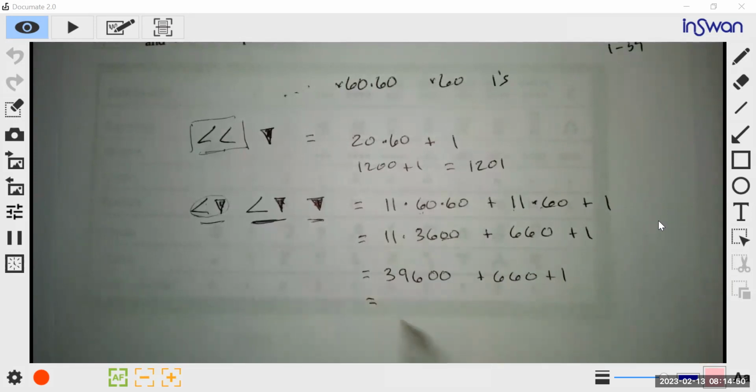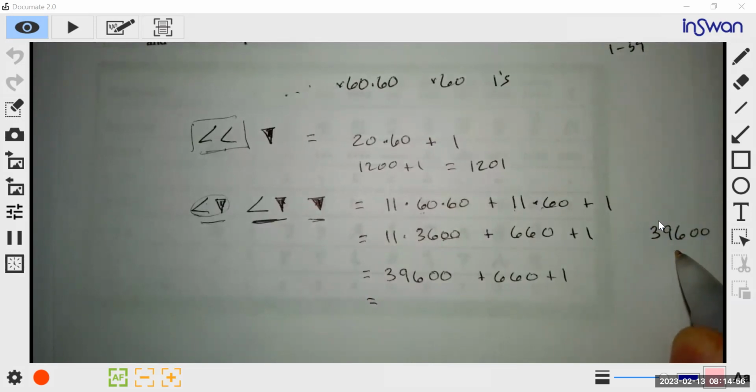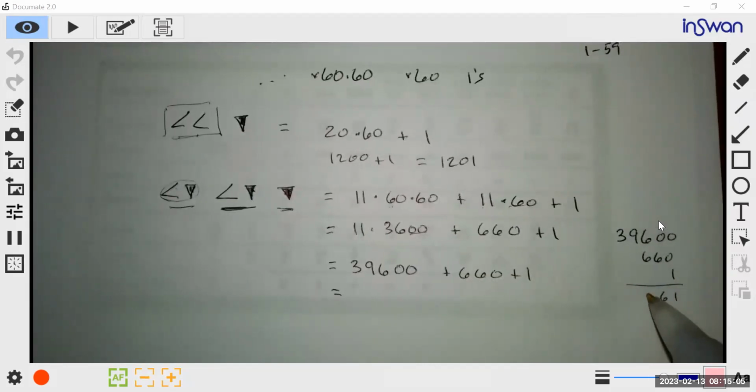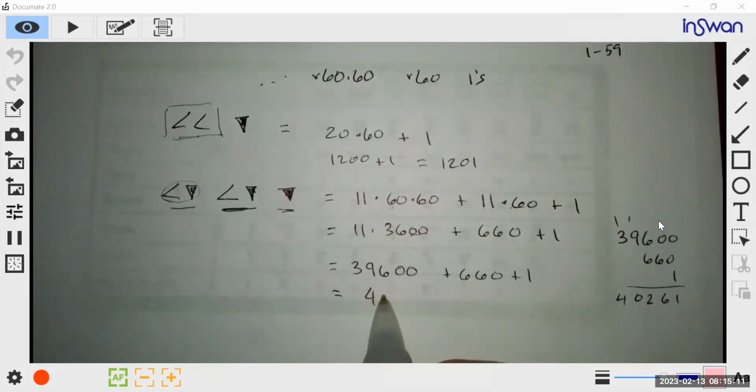So adding all these together, we get 39600, 6600 and 1.